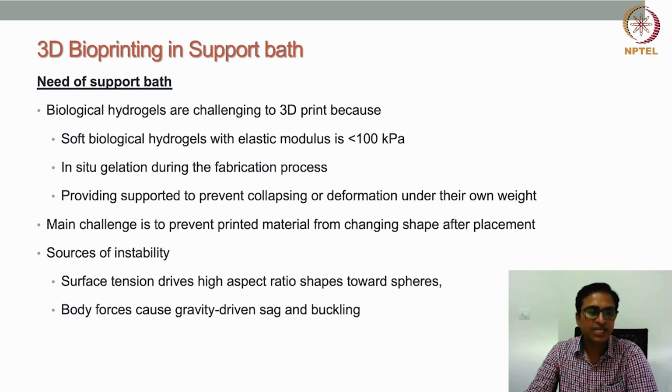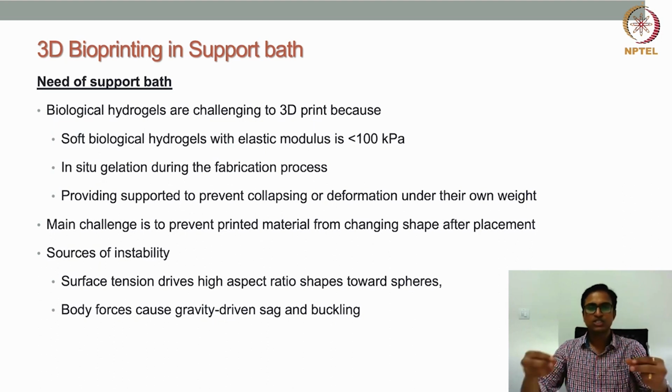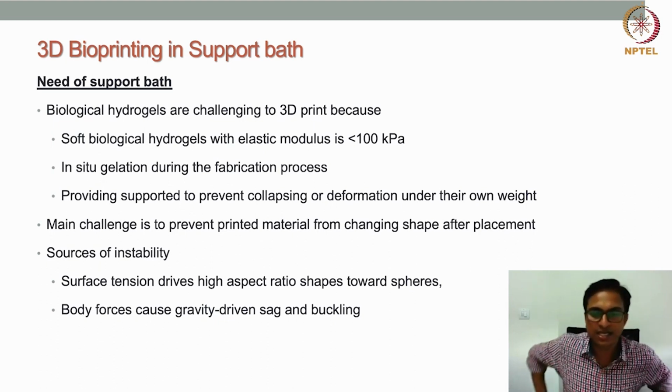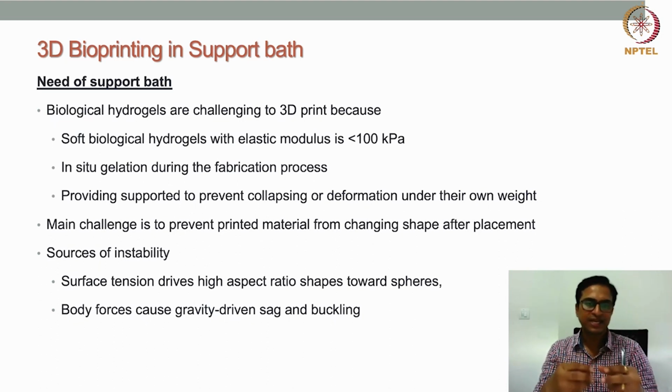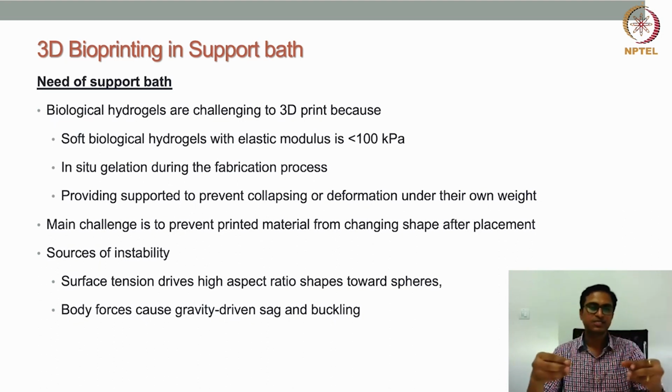So in 3D printing, there is always a challenge to tackle this instability. What is the instability here? The main source of instability in bioprinting with soft hydrogels is that they are mostly aqueous-based gels, where the surface tension of the material plays a big role.